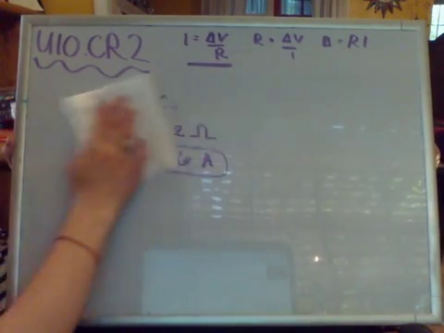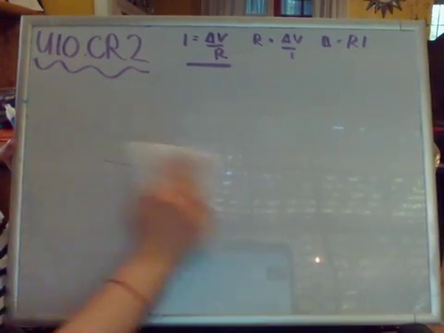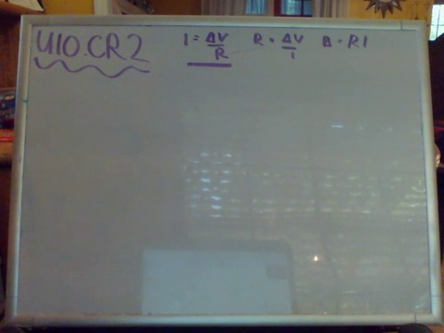So now we're going to do another example problem, and this one asks, an ammeter registers 2.5 amps of current in a wire that is connected to a 9.0 volt battery. What is the wire's resistance?